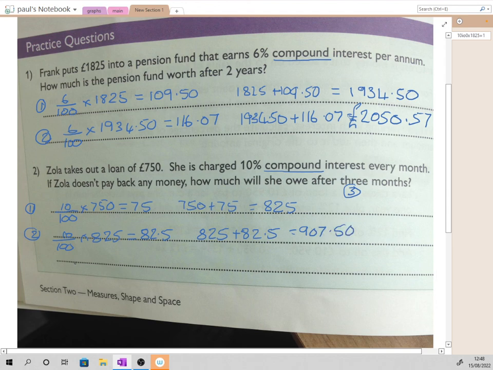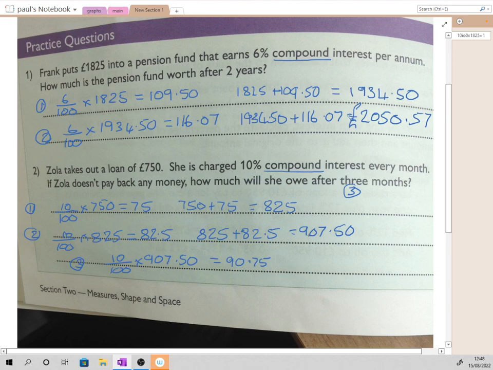Then 10% of that is 90.75. So we've got 75, 82, 90 pounds, so it's going up.